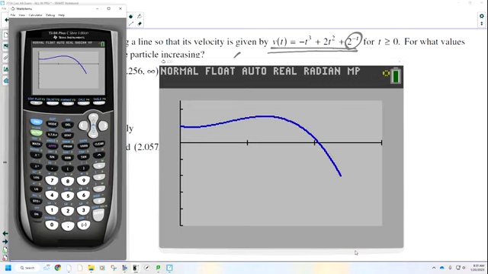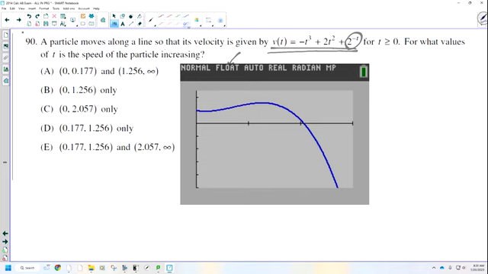This is v of t, all right? So remember, if we are talking about velocity here, my y is velocity. So my velocity is 0 right here. What do we know about that? If my velocity is 0, I am stopped here.